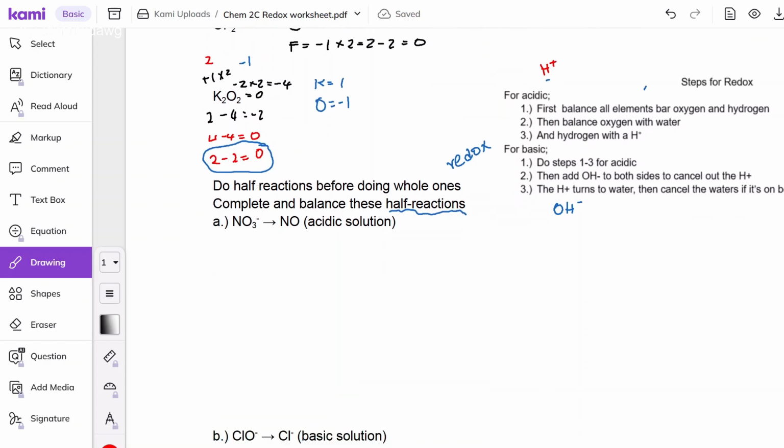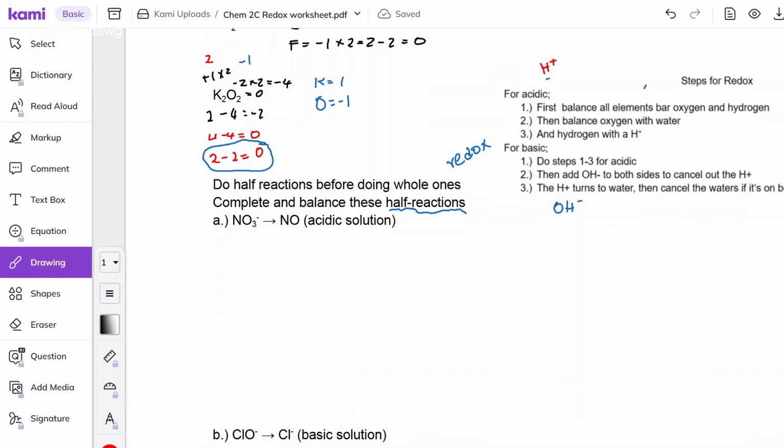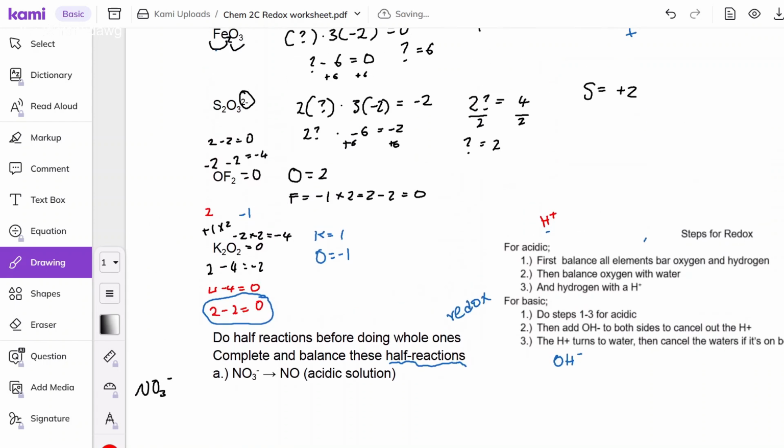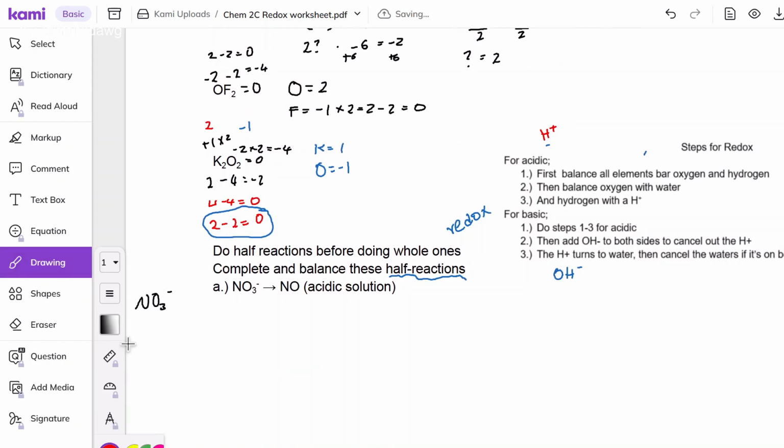So right here I'm going to do these problems to explain it. For these, we're taking NO3 minus and it turns into NO. So we break down the charges of the elements. For this first compound, NO3 minus, if you remember from earlier, we're looking for the charge of N right here.